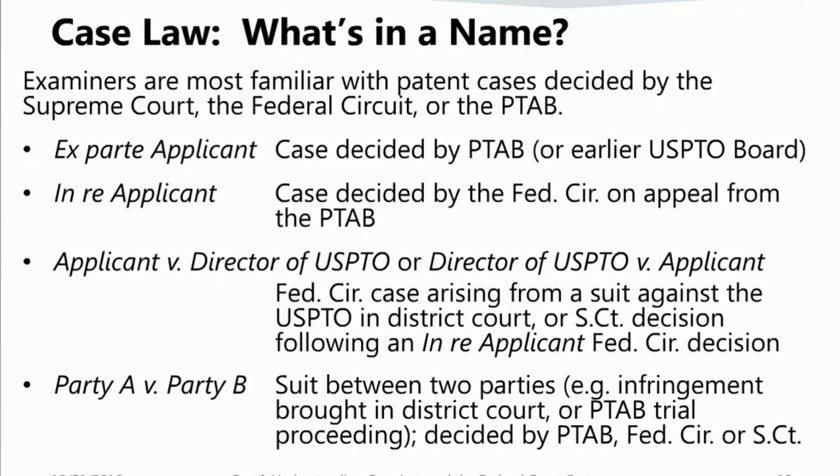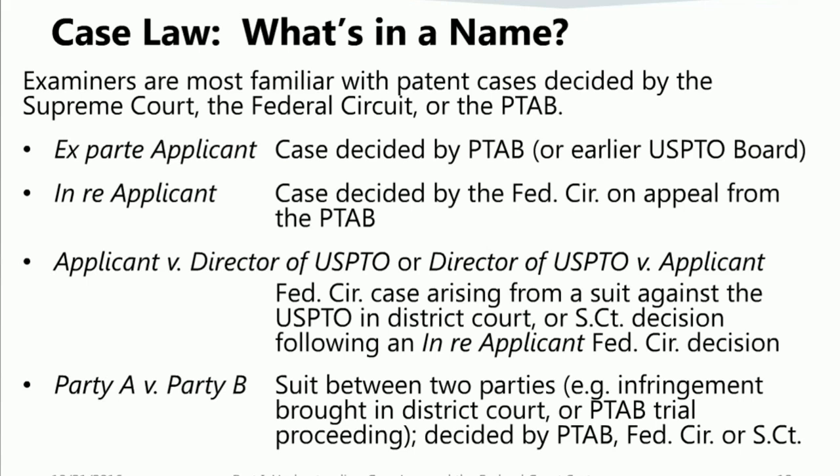If one of them is a current or former USPTO director, either Applicant versus Director of USPTO or Director of USPTO versus Applicant, then the case is either a Federal Circuit decision arising from a suit against the USPTO in district court, or a Supreme Court decision following an In re Applicant decision from the Federal Circuit.